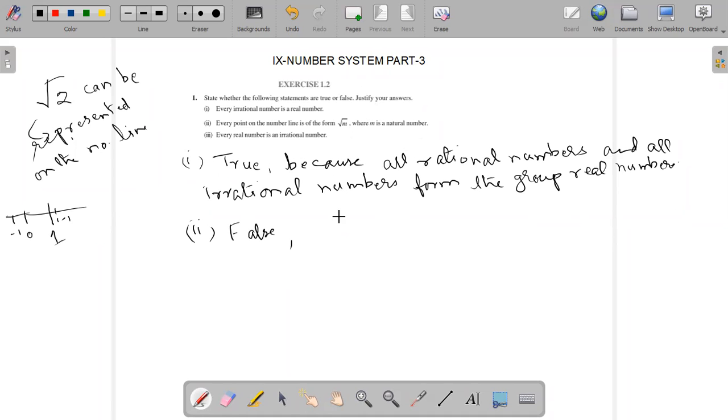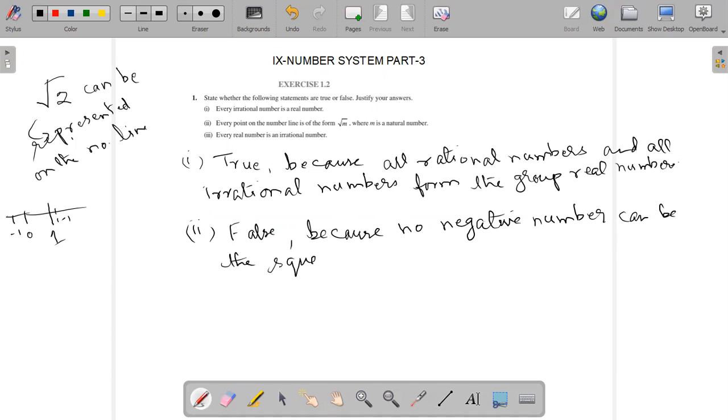So it is false, and the reason you will write is: because no negative number can be the square root of any natural number. Try to understand each and everything.